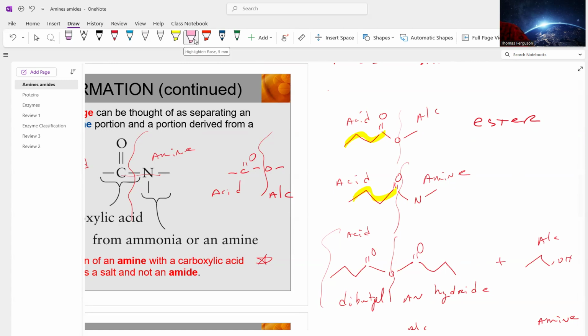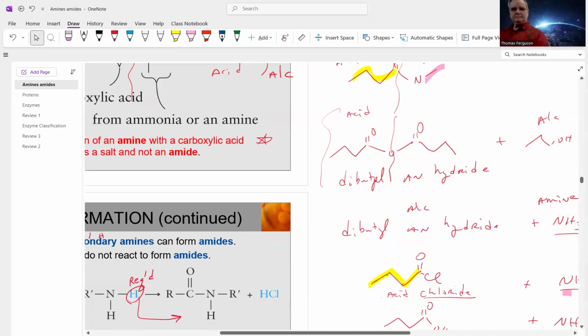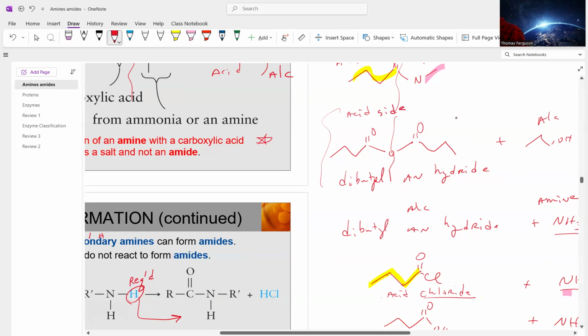On the alcohol or amine side, it's the secondary backbone. Now, as with esters, the anhydride is the acidic side. So then we take the anhydride plus an amine, we get an amide then.